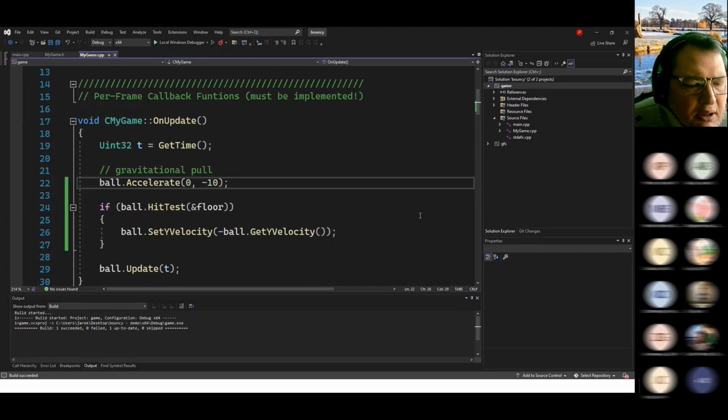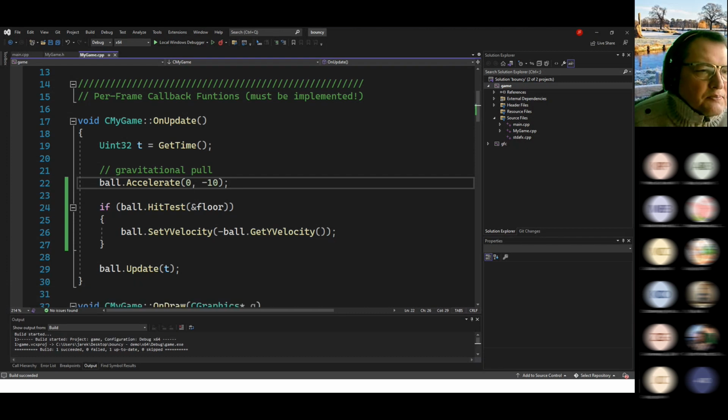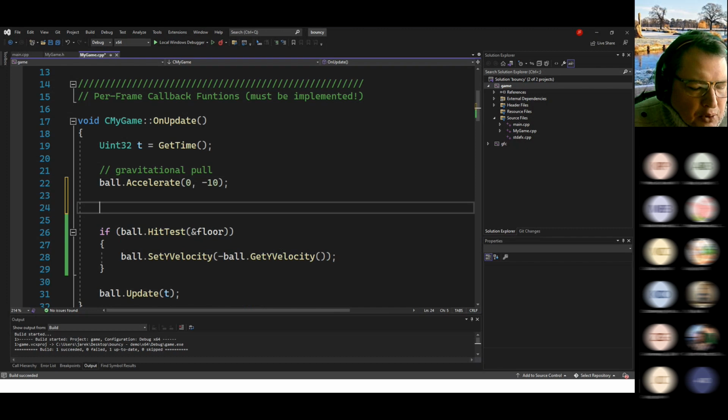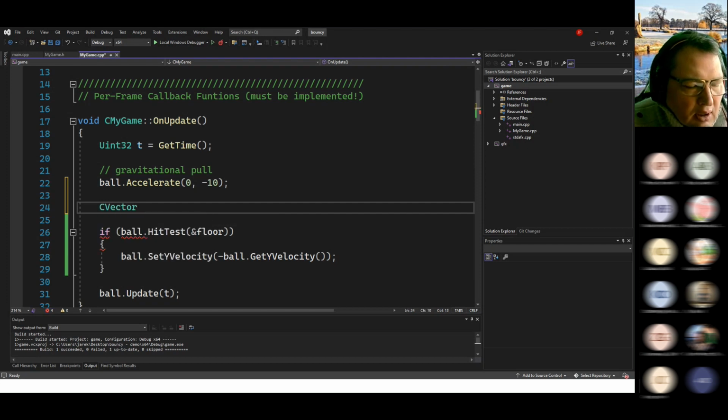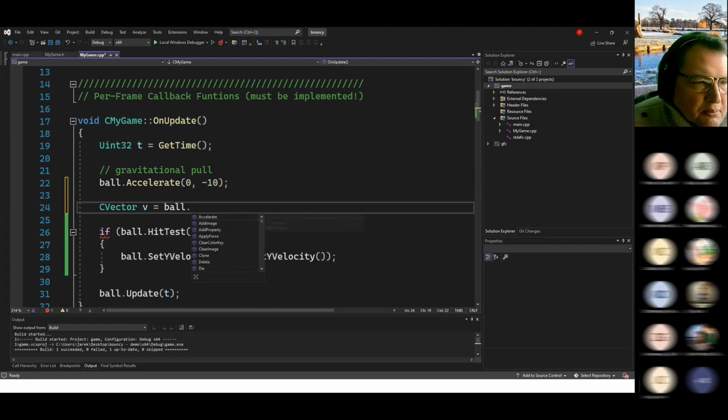I will propose a little bit more elegant and flexible notation. So after setting up the gravitational pull, I will do another thing. I will create a C vector, which I will call V, and this V vector will contain the velocity of my ball.